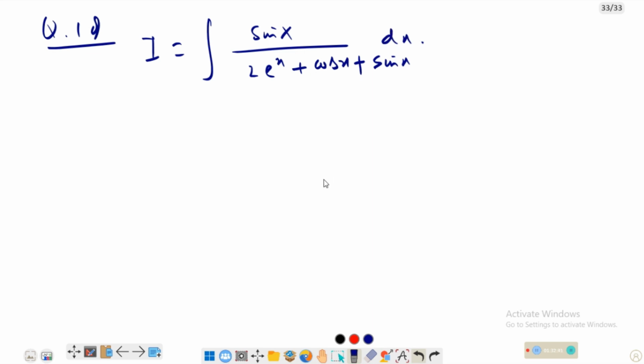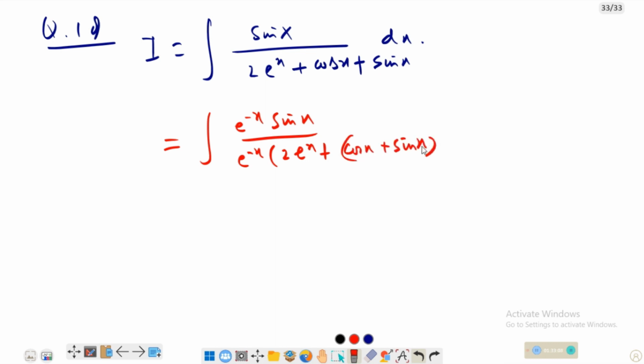Okay, so if we take common e to the power minus x, multiply e to the power minus x in numerator and denominator, so e to the power minus x sin x upon e to the power minus x times 2 e to the power x plus cos x plus sin x.